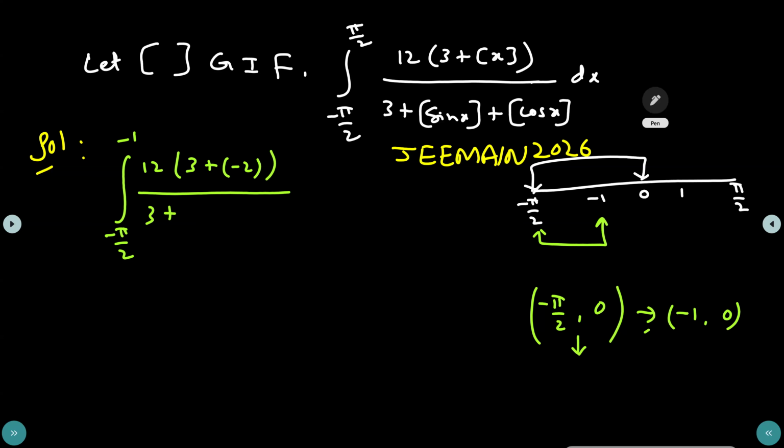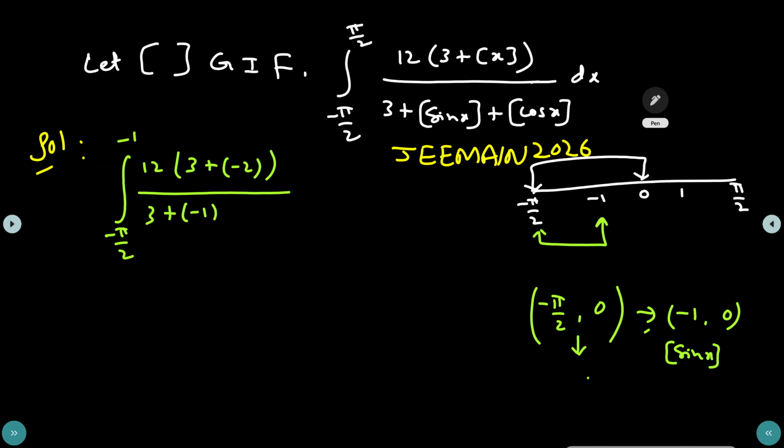In this entire interval, if you apply step for sine, you always get the lowest value. So applying the GIF concept for sine in this interval, your sine value should be minus 1 only. Minus pi by 2 to 0, always sine is minus 1.